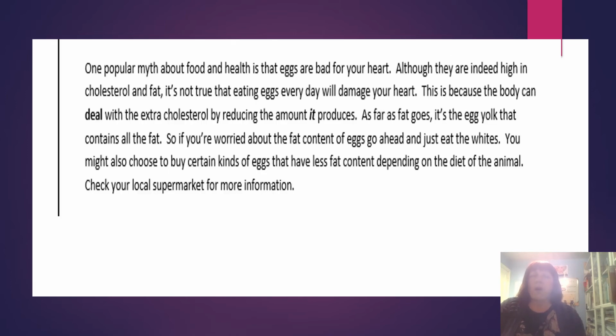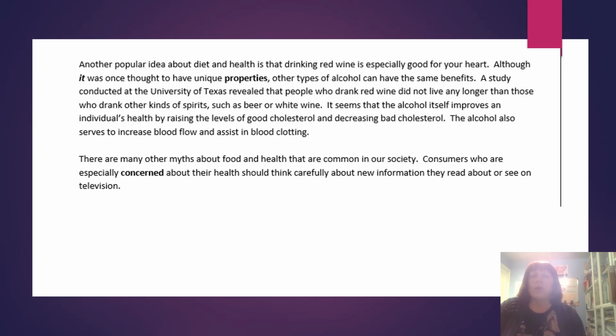So you have 1, 2, 3, 4 paragraphs all about food. So you read through that information, you use the strategies that you know to work out what's the key information in there, and then there's a worksheet that you can use. And I really love this worksheet. Let me show you what it looks like.